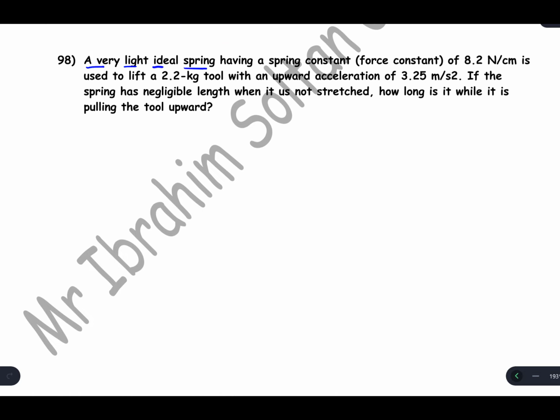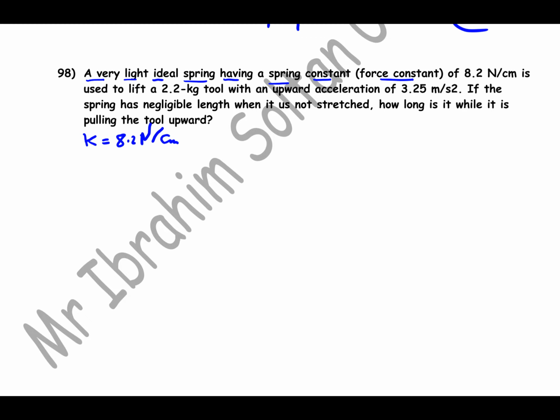A very light ideal spring having a spring constant, or force constant, 8.2, so you have K equals 8.2 Newton per centimeter, guys. It is used to lift 2.2 kilogram, you have mass 2.2 kilogram tool, with an upward acceleration.